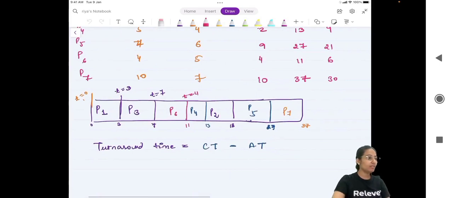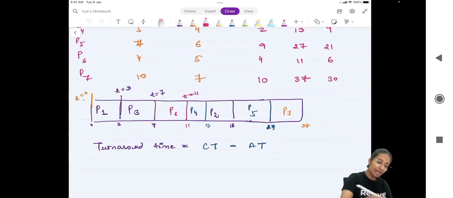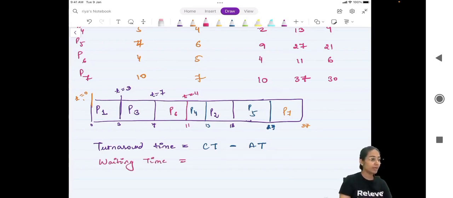And we know that the final formula for calculating the waiting time, which we've already taken a look at in the last video, would be turnaround time minus the burst time.